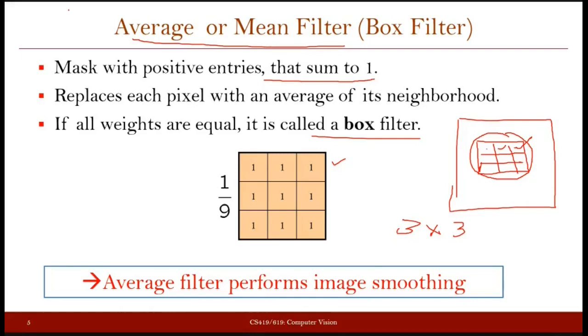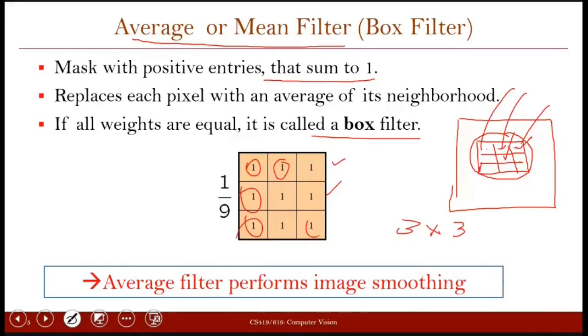So when you are computing the value for this central pixel, you are giving equal weightage to all its neighbors, this neighbor, this neighbor, all the 8 neighbors that you have, and then you compute the sum, or the average. Whatever weight you give to this pixel, you give to this pixel also, this pixel also, this pixel also.